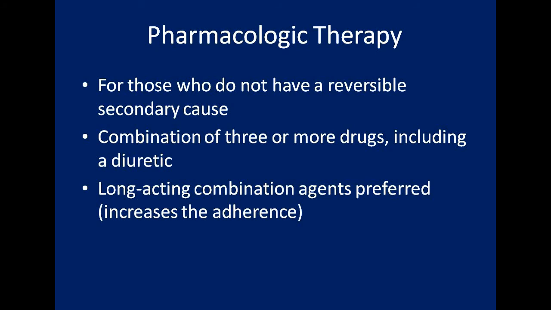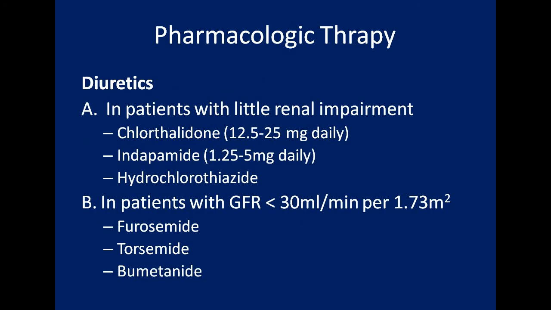If the blood pressure persists on the higher side even after treating these reversible causes, we can use a combination of 3 or more drugs including a diuretic, and long-acting combinations are preferred because they increase the adherence and compliance of the patient. While considering the use of diuretics, if the patient has a little renal impairment, we can start them on chlorthalidone, indapamide, or hydrochlorothiazide.